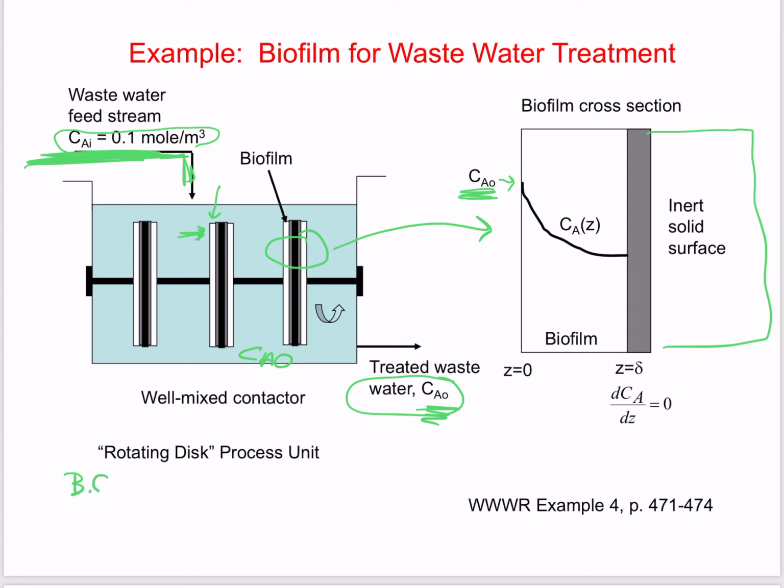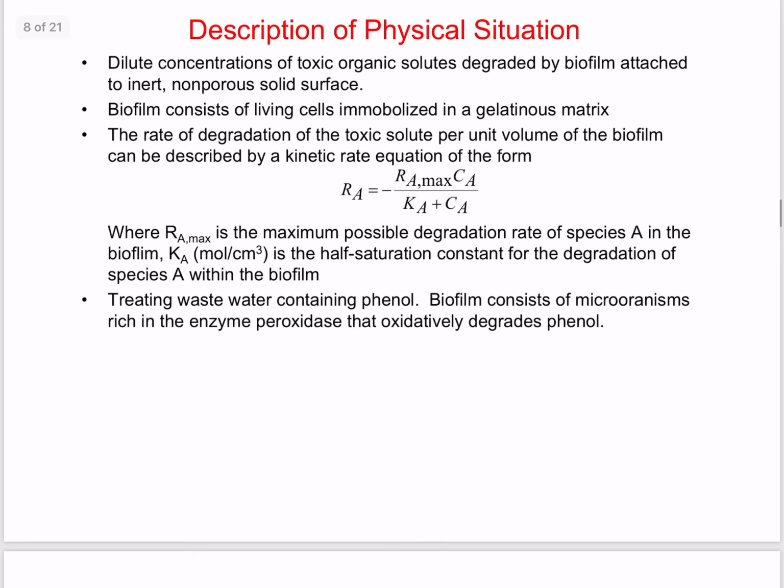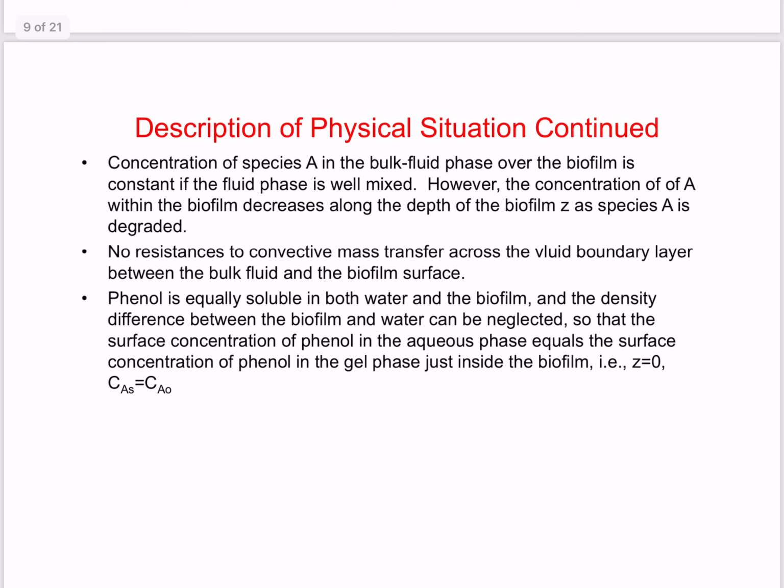So she has actually simplified this for us by telling us, and if I can go through where she did that, she told us the concentration in the bulk fluid phase over the biofilm is constant, so in time and in space. We're assuming it's well mixed here.